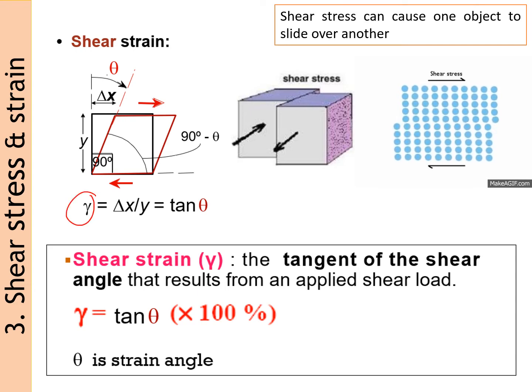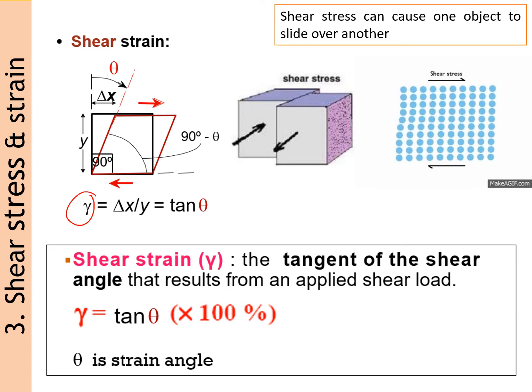Shear stress can cause one object to slide over another. If you look at the animated picture here, this schematic represents that the lattice edge of the atoms is shifted at the time the external force is applied.